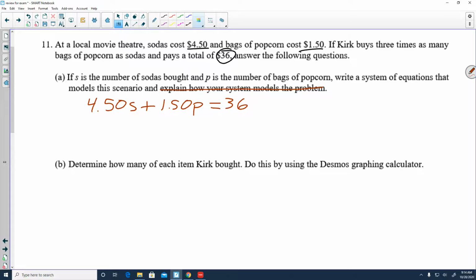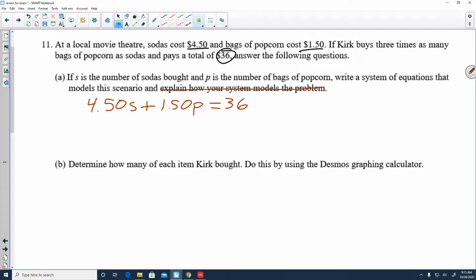All right? So now the second equation, we have, he buys 3 times as many bags of popcorn as sodas. All right? So he's going to buy 3 times as many bags of popcorn as sodas.